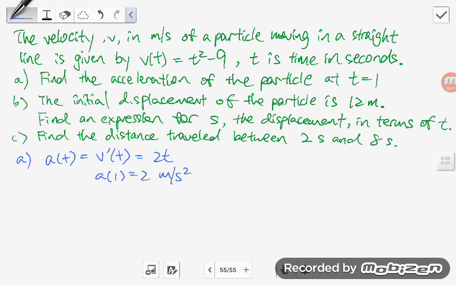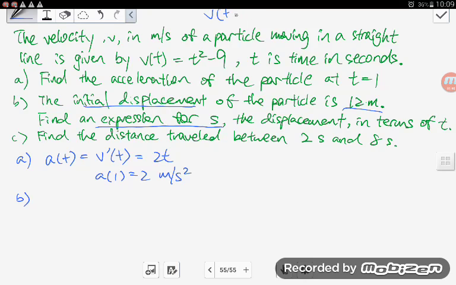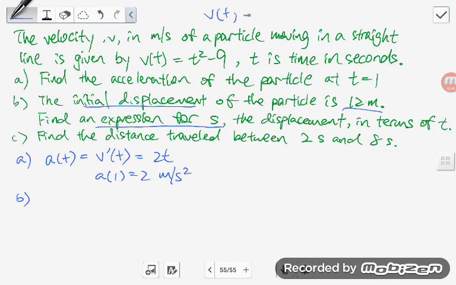Now, for part B, they gave us that the initial displacement is 12, and they want us to find an expression for s, the displacement. We know that my velocity is equal to the rate of change of my displacement.